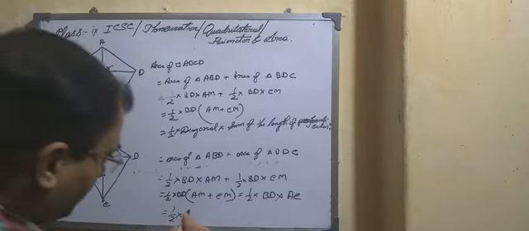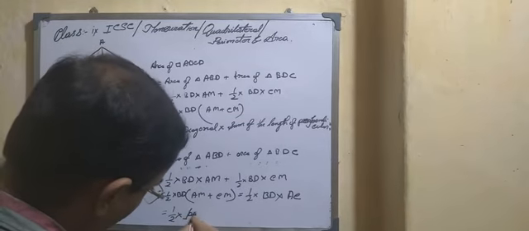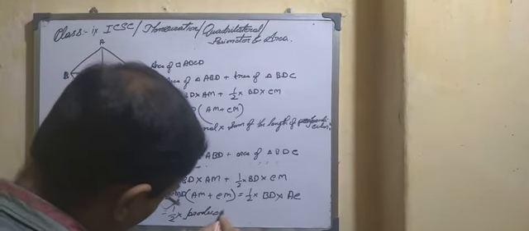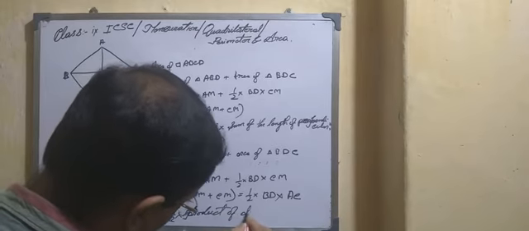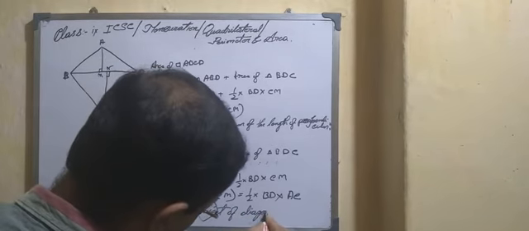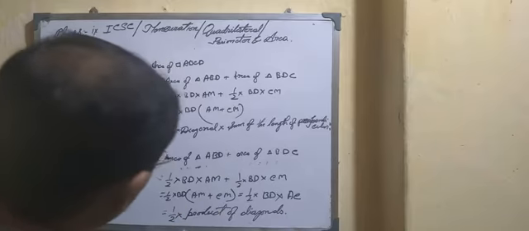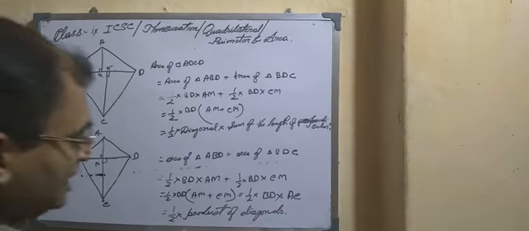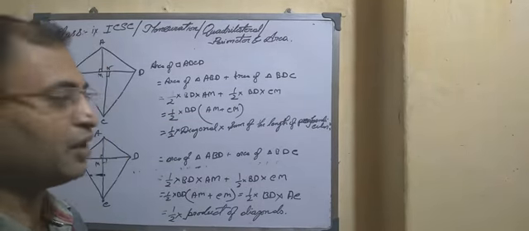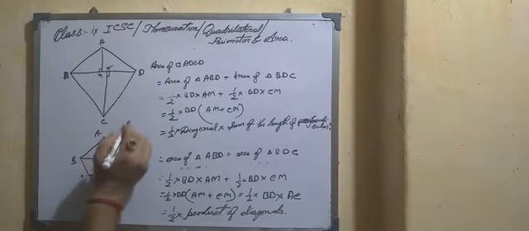That means half into the product of diagonals. We also use this formula when we find the area of a rhombus. What is a rhombus?